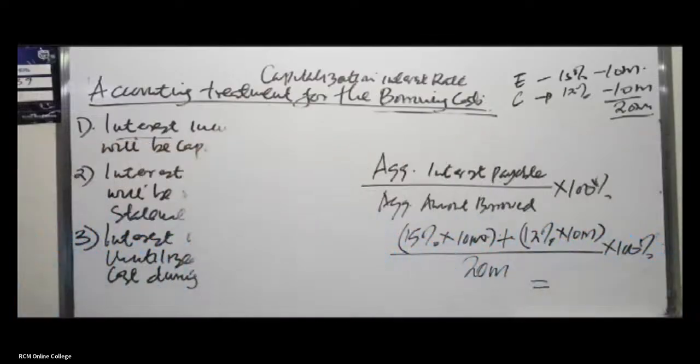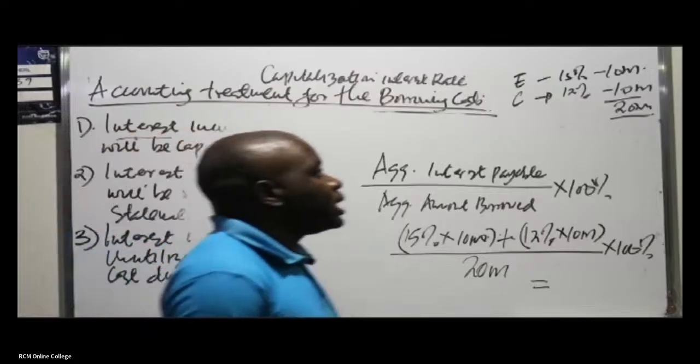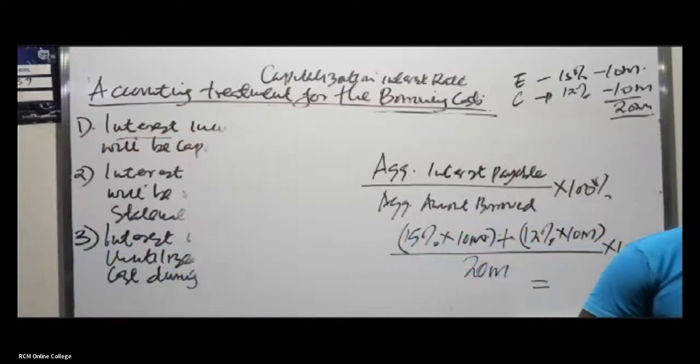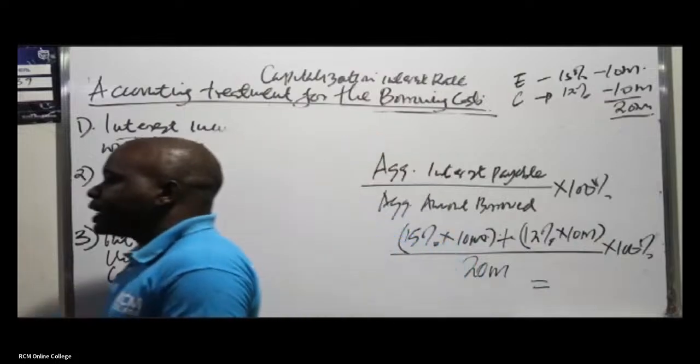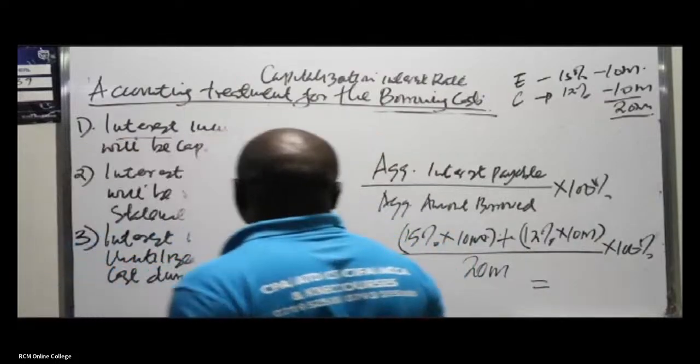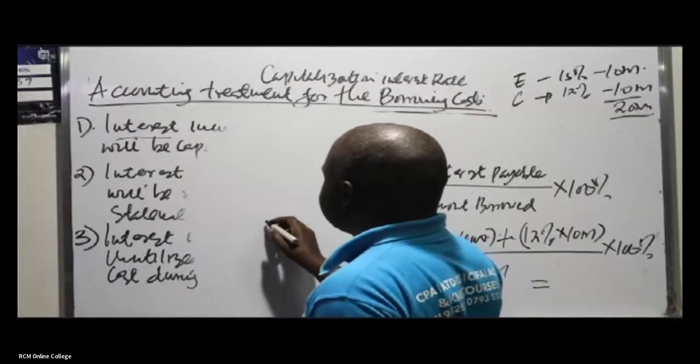Number 4: when a qualifying asset is financed by more than one debt instrument, or you can also say by more than one amount borrowed, stroke debt instrument.